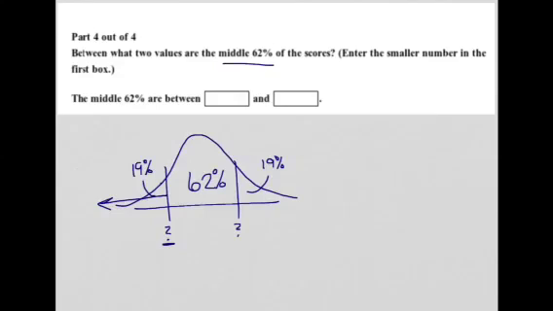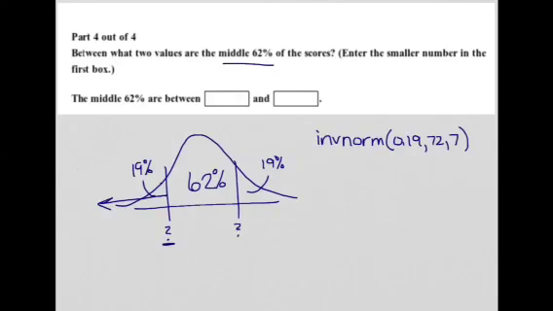So in the calculator, I'm going to do inverse norm, and the 19%, comma, and then 72, which is the class average, and then the standard deviation is 7.